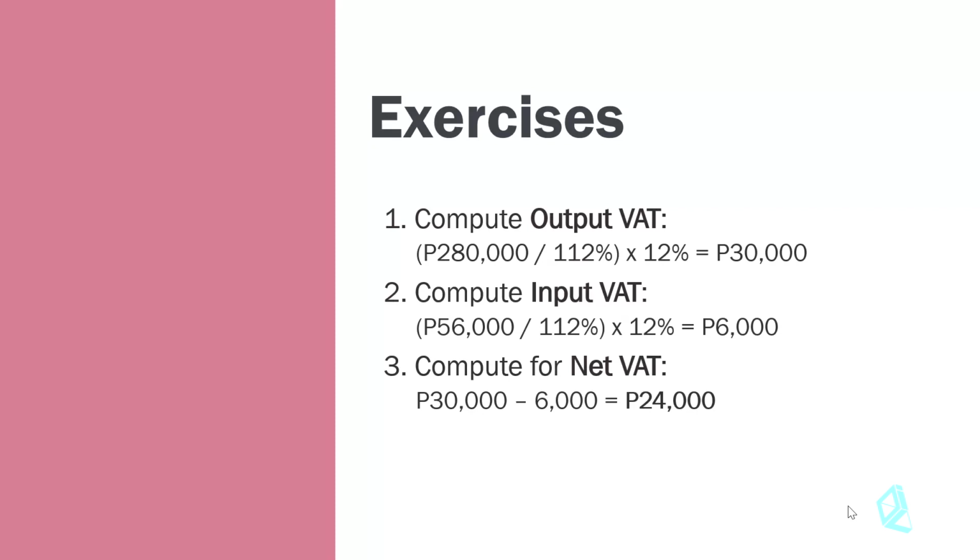And that is basically the 100%, which is the basis of the VAT. And you multiply that by 12% in order to get your VAT payable, or your output VAT rather. All right? So you have to remember this one.